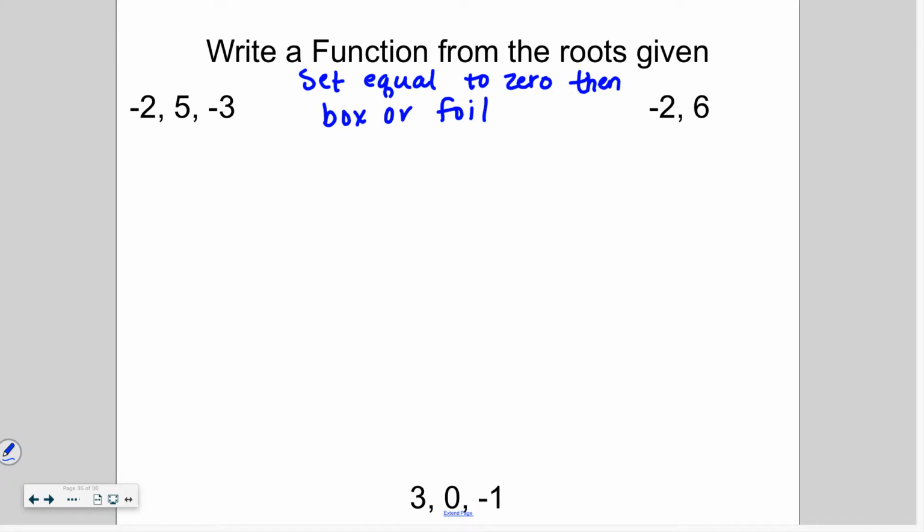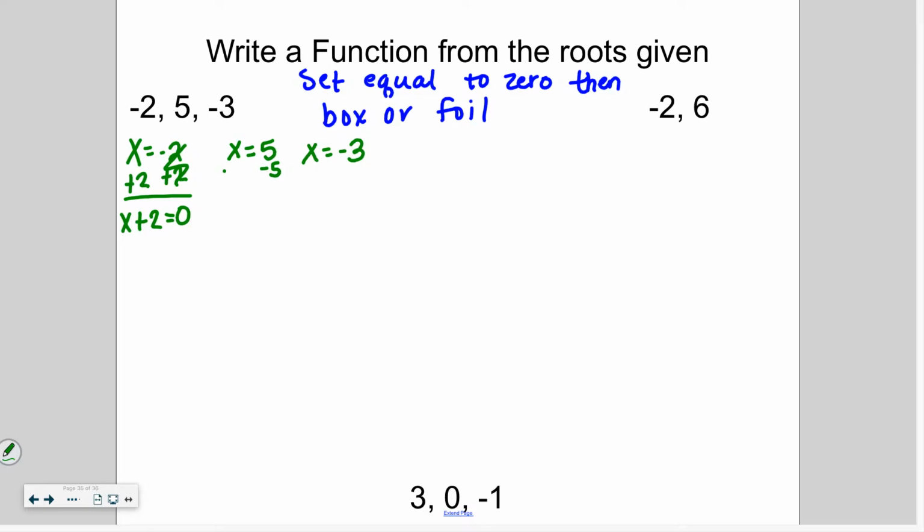Okay? So you're used to seeing this as x is equal to -2, x is equal to 5, and x is equal to -3. I want to get the x back together on the other side. I want it to equal 0. So I'm going to add 2. That's going to give me 0 over here, but x plus 2 here. Okay? Do that all the way across.